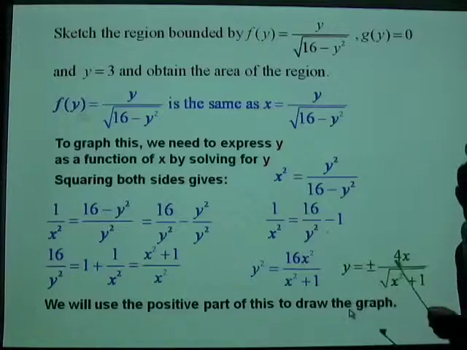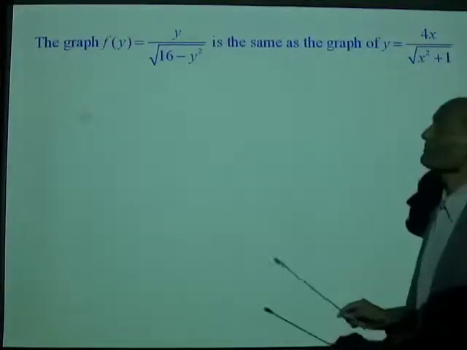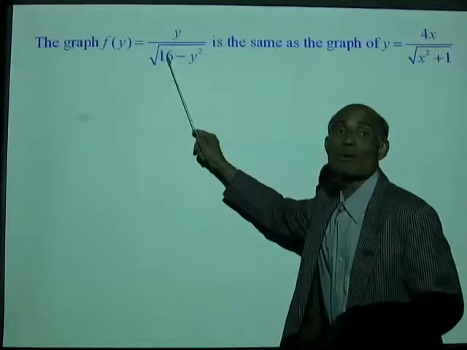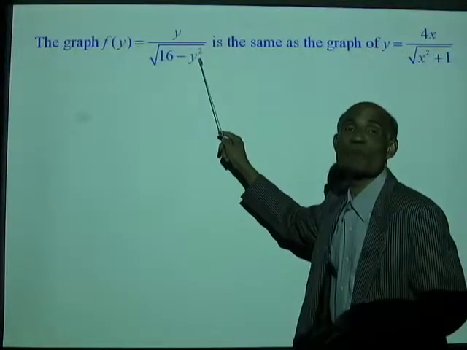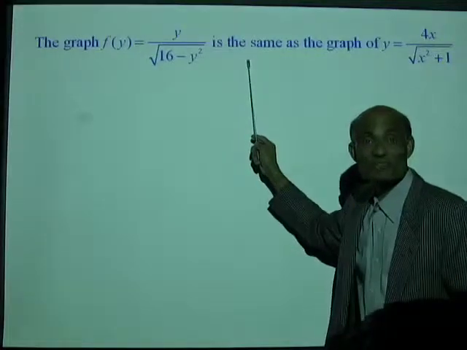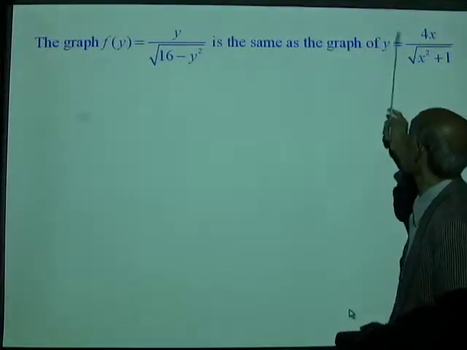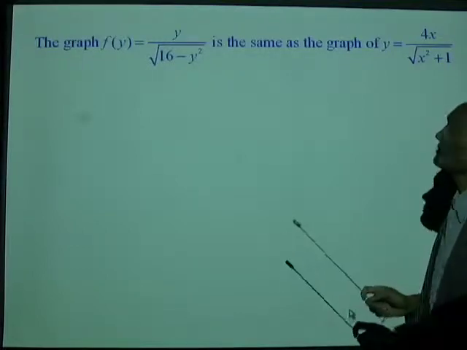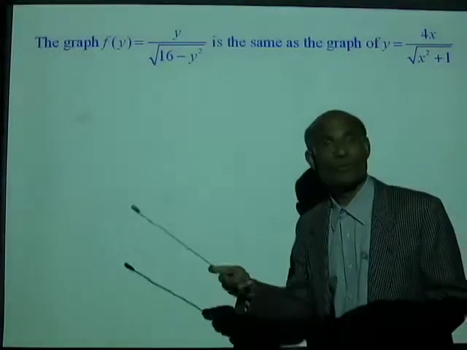So we will use the positive part to draw the graph. The graph of f of y equal to y over square root 16 minus y squared is actually the same as the graph of y equal to 4x over square root x squared plus 1. I hope you understood what actually happened.